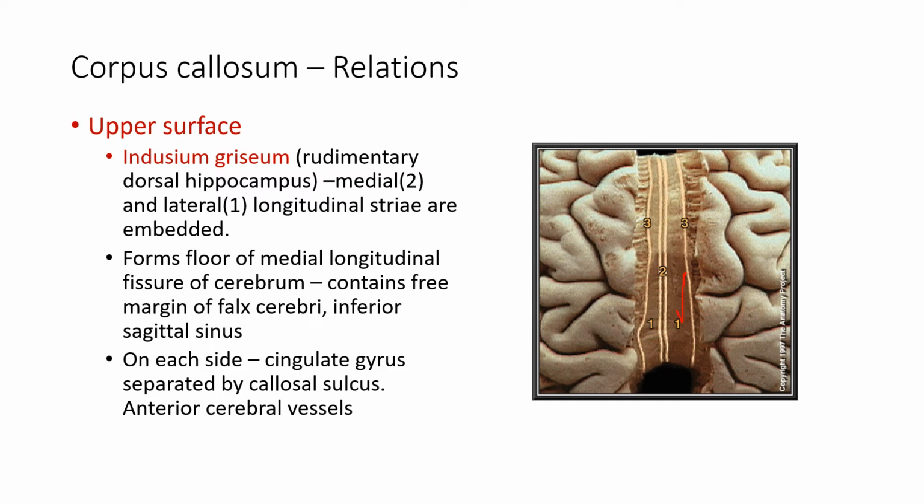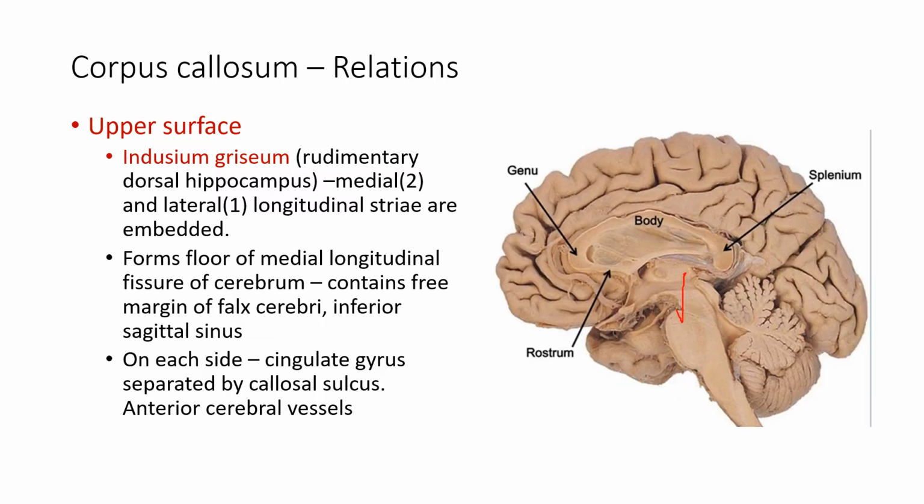Then if you see on each side, again the medial surface, this is the corpus callosum. On each side, the upper surface is related to a gyrus known as the cingulate gyrus, and it is separated from the cingulate gyrus by a sulcus.